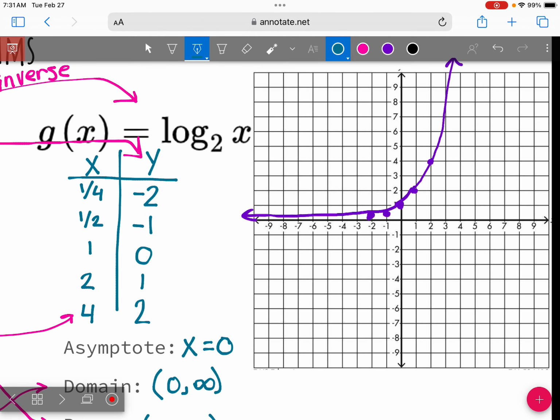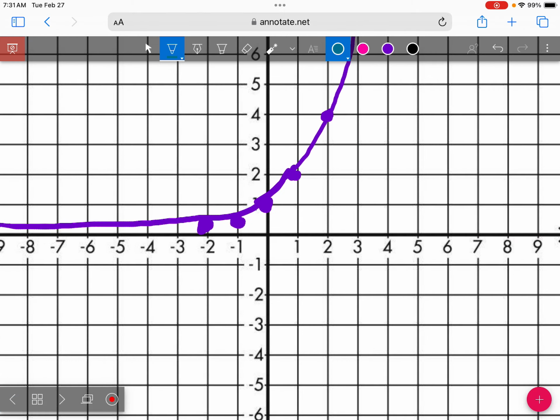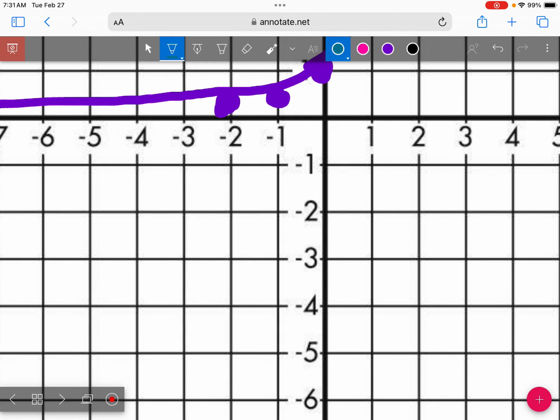Now we're going to graph this function. When we plot our points, we'll have an x of 1/4 and a y of -2, which is a point way down here. We have an x of 1/2 and a y of -1, which is right about there. X is 1, y is 0.